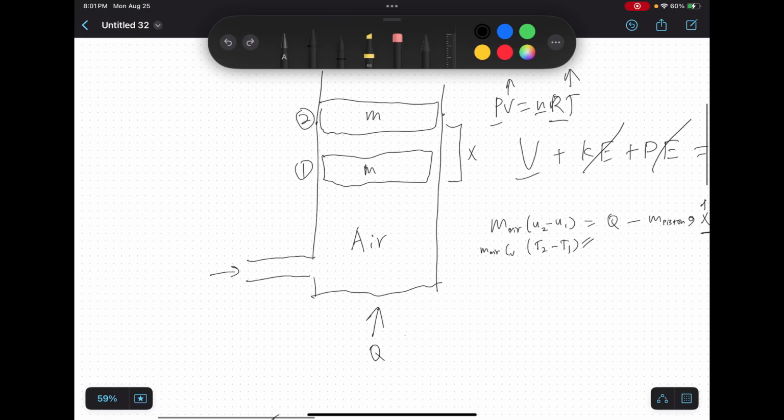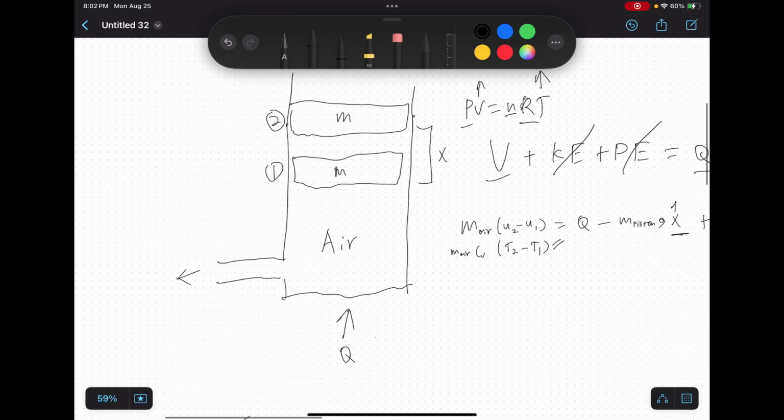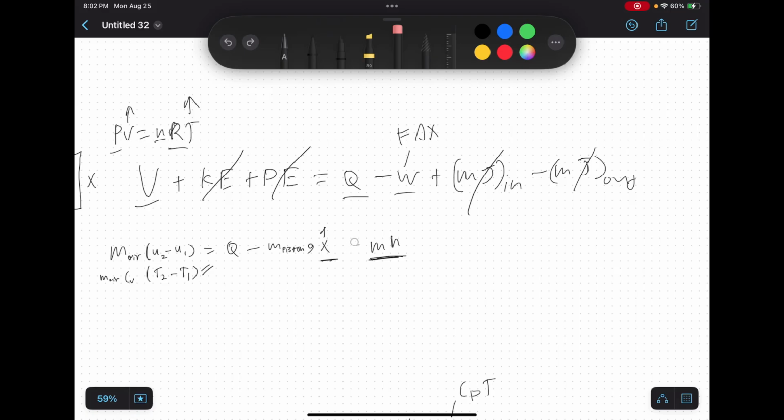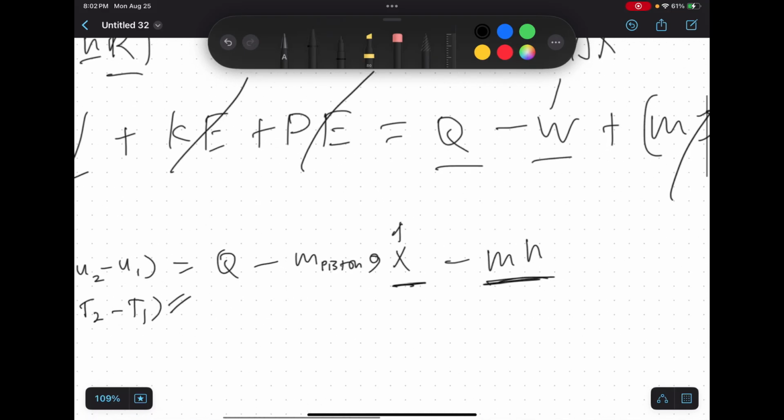But let's say you are removing air. Let's say the weight of the piston is pushing down on the air and pushing it out. This would be a negative, and that goes down.